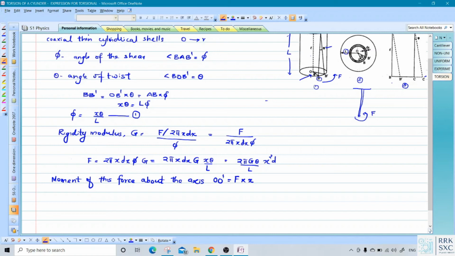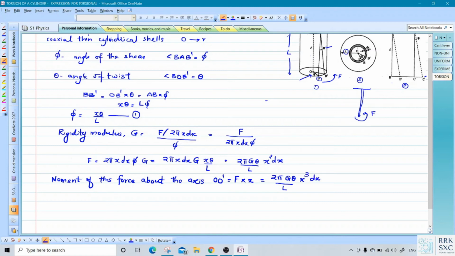And now this is the couple, that is this moment. What is this couple? That will be equal to 2 pi G theta, the whole divided by L, into, here you have an x dx also. Already x square is there, but you are multiplying it with x, so it will become x cube dx.